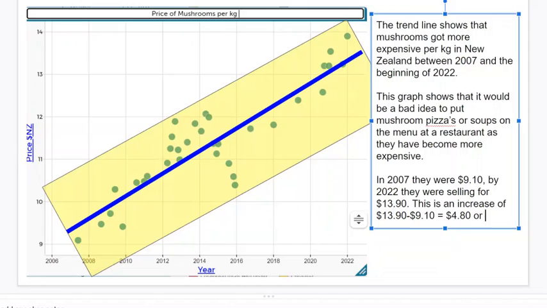And I actually want to find the percentage because I think it's interesting to know the percentage increase, because remember percentages allow us to really compare things.